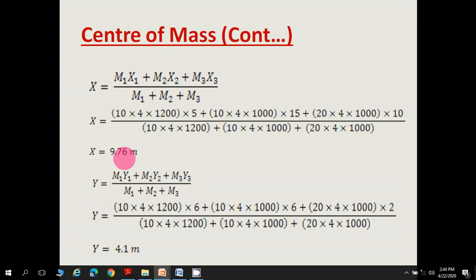The masses are the same as in the x direction, so 10 into 4 into 1200, but its CG in the y direction is 6 meter for floor 1, also 6 meter for floor 2, and 2 meter for floor 3. Putting the y1, y2, y3 values here and dividing by the total weight of the floors, the y value comes out to 4.1 meter.